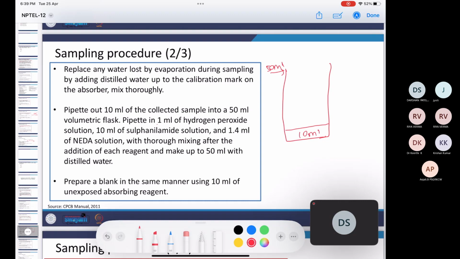Then pipette 1 ml of hydrogen peroxide solution, this is H2O2, then 10 ml of sulfanilamide, and 1.4 ml of this NEDA solution.